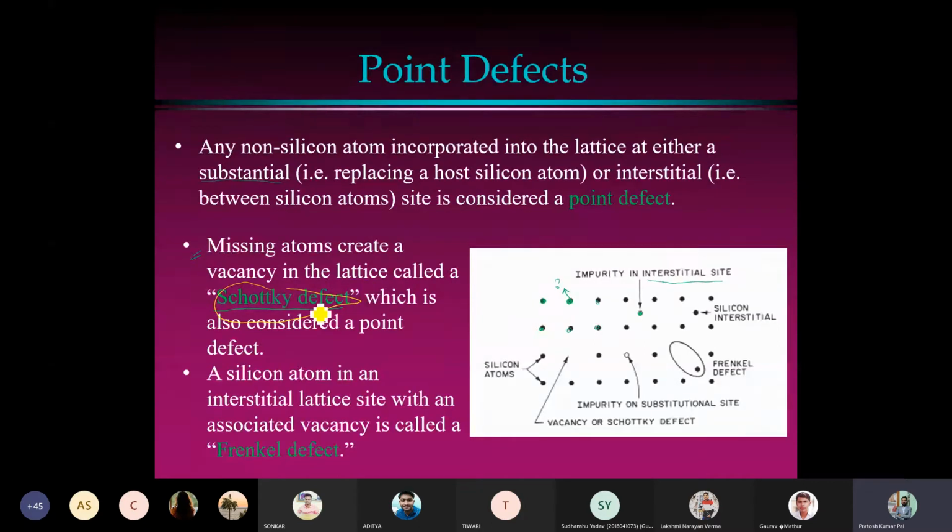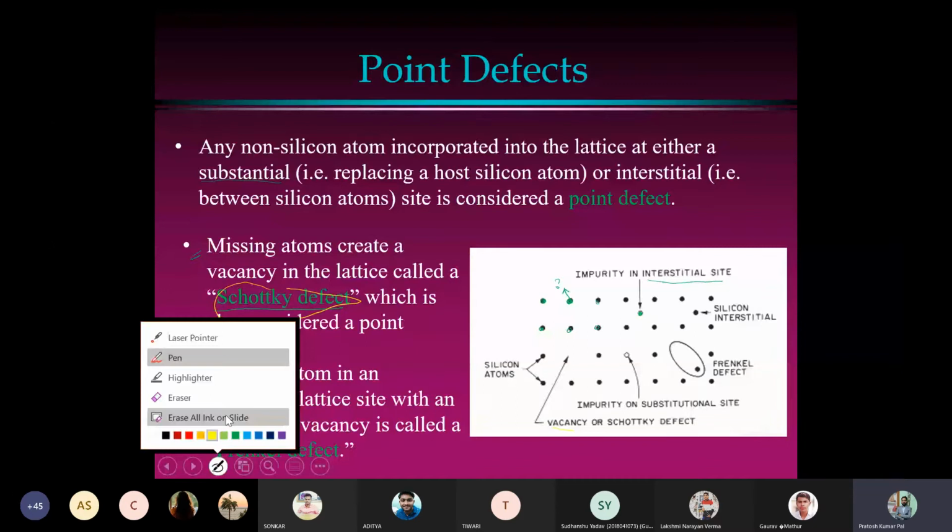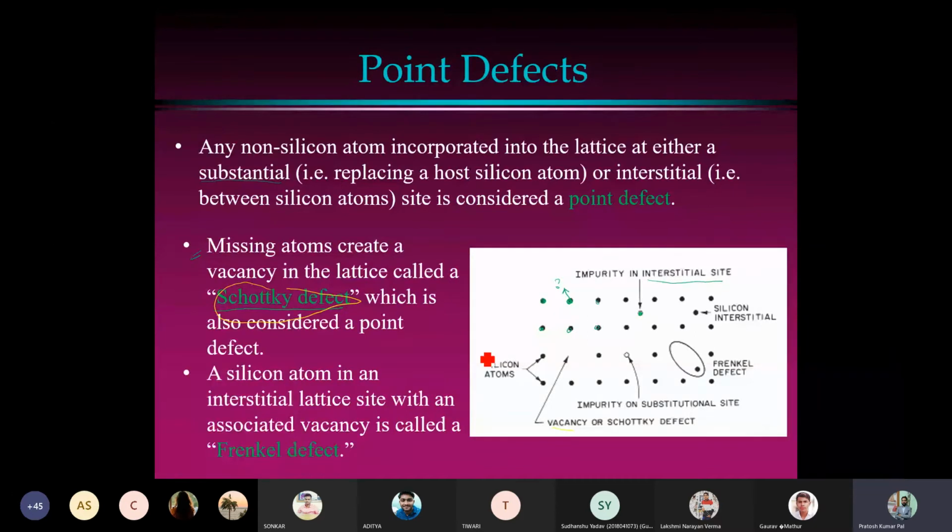So here in the figure, this is the Schottky defect. The Schottky defect is the location where no atom is present. Here there should be a silicon atom, but there is no atom present. That means there is a vacancy. This vacancy defect is called a Schottky defect.